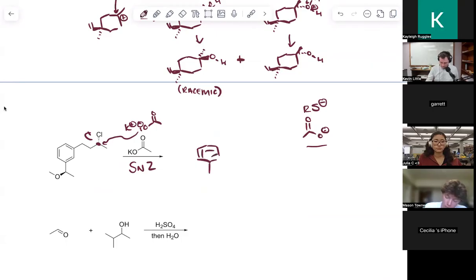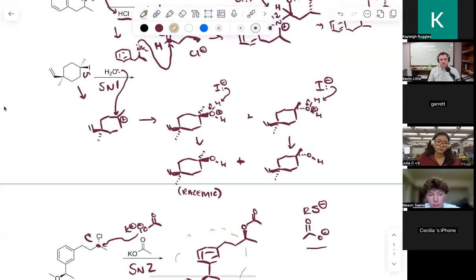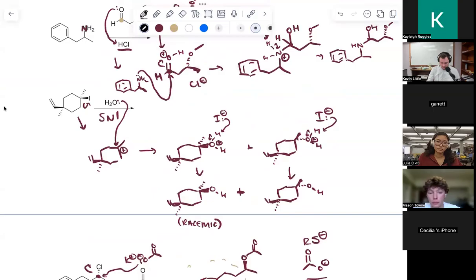Notice something. I can throw all of this junk on there. It does nothing to the reaction. It is just a distractor. That is the main way I can make a question harder: if I just make it this huge, ridiculous molecule, it doesn't change any part of the question.